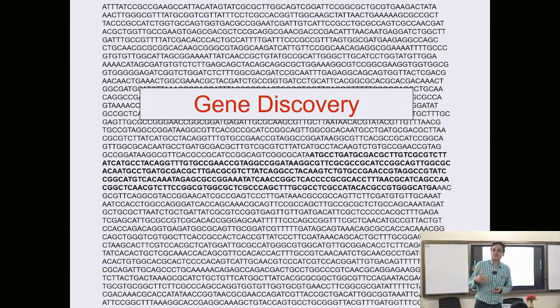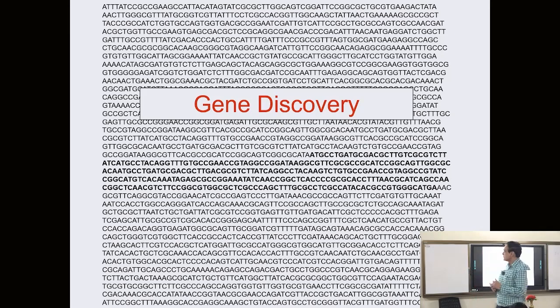Of course, there are non-coding RNA genes that do not make proteins. They can still make some structure that could be useful for certain functions. So, as I said, one of the problems in the field was to identify genes in genomes, and this problem was often called the gene discovery problem, sometimes gene identification or gene recognition.